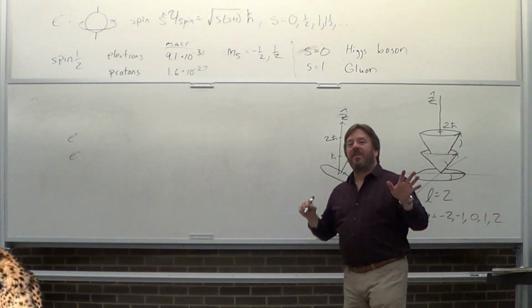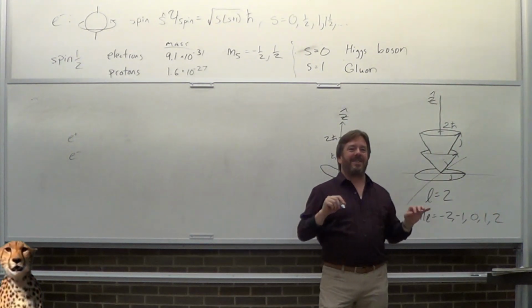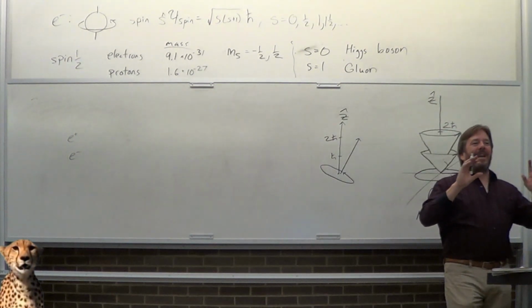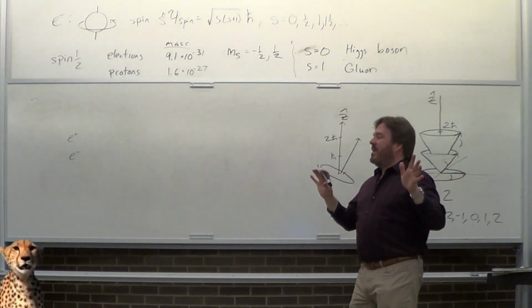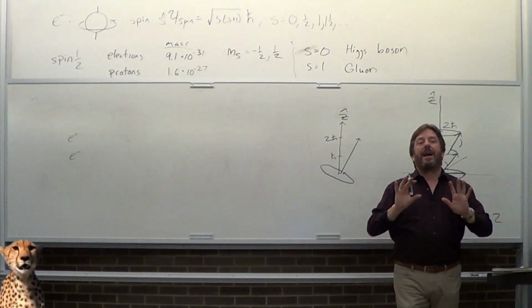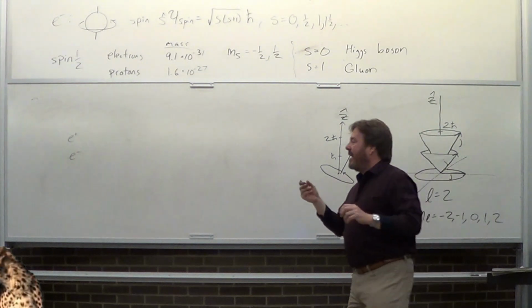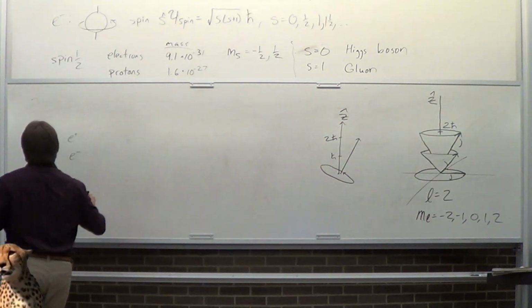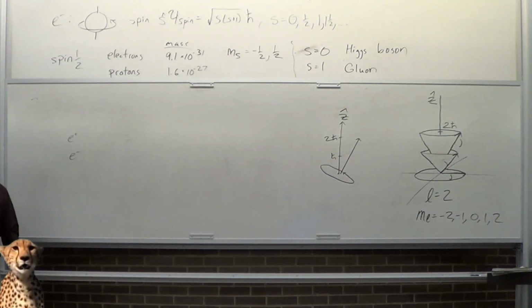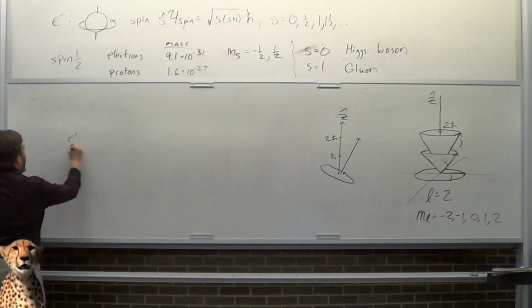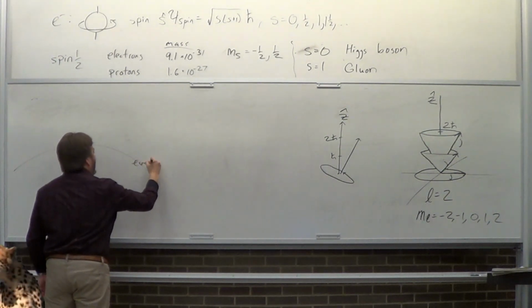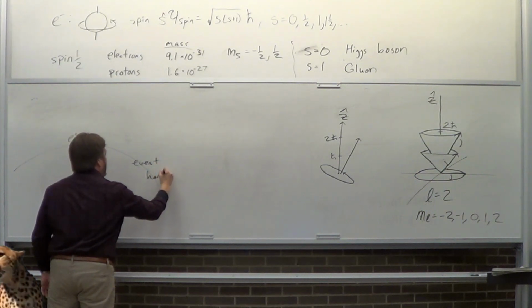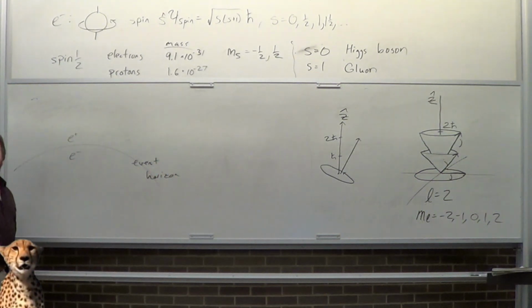But who's ever heard of Hawking radiation? This is how you can detect black holes. This is why black holes are shedding energy. Here's how it works. An electron and a positron simultaneously pop up somewhere in the universe. Here's the event horizon of a black hole.